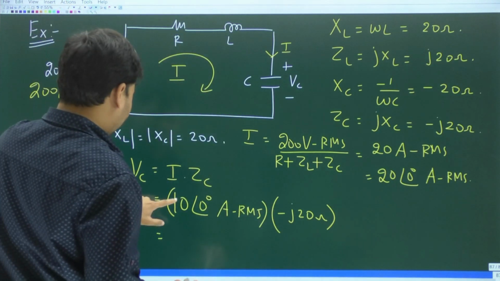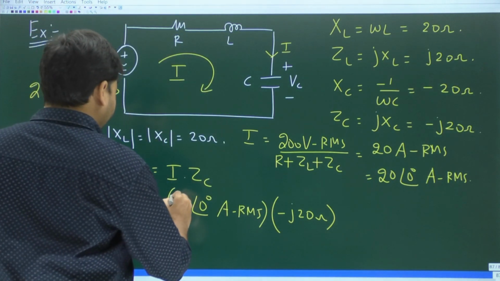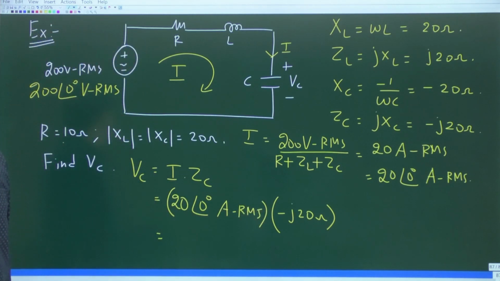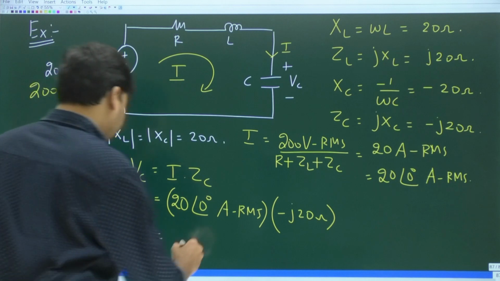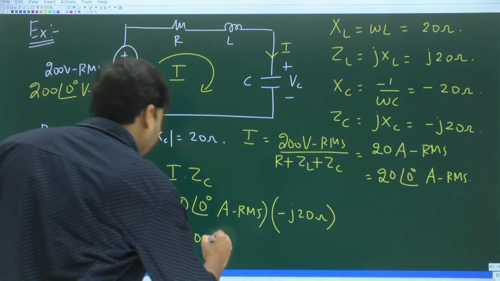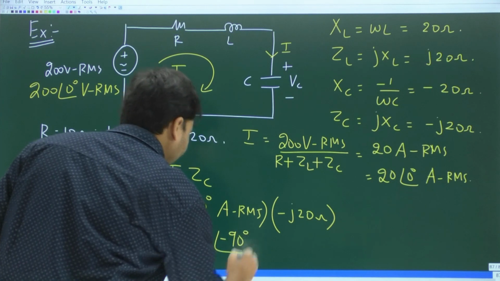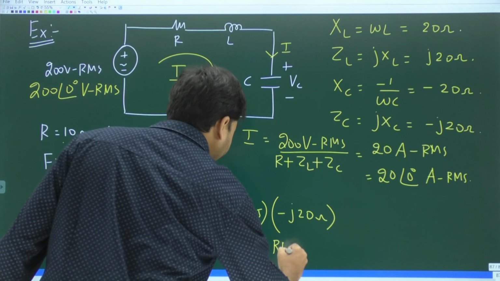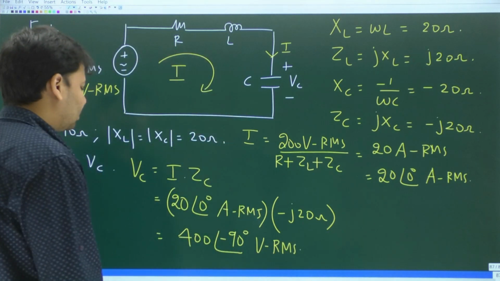So here also it should be 20. 20 times 20 is 400, so 400 times minus j. Minus j is an angle of minus 90 degrees, in volts RMS.